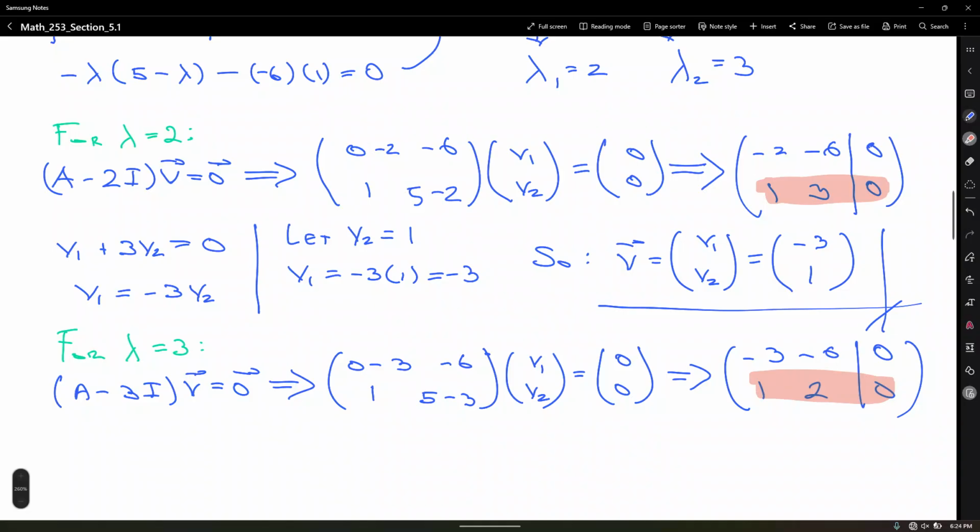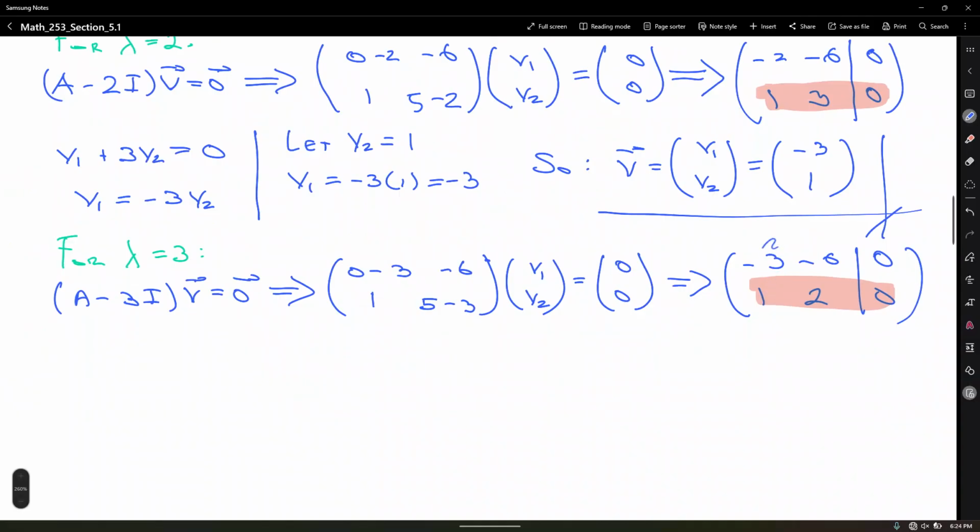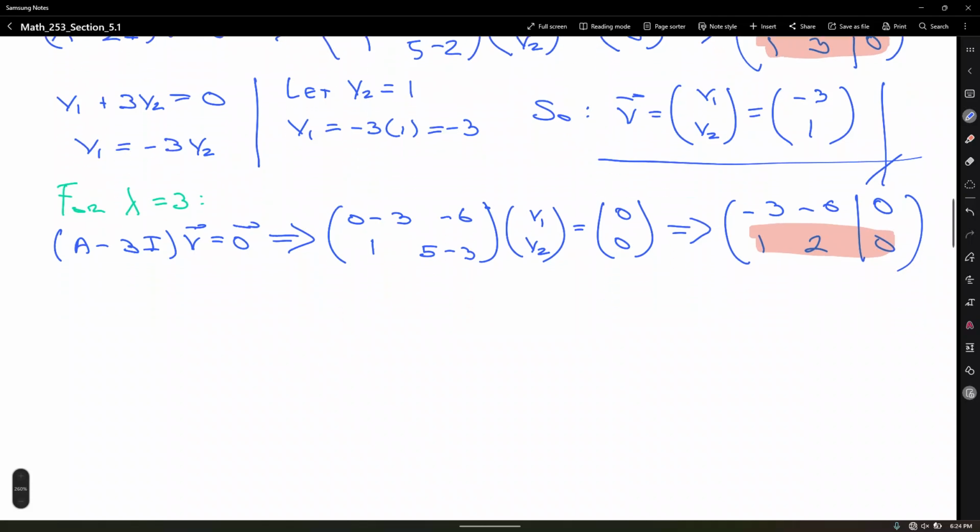What does that represent? The first column represents the coefficients of v1, that is the coefficients of x in a regular system. The second column represents the coefficients of v2, or the variable y. So that means 1 times v1 plus 2 v2 equals 0.